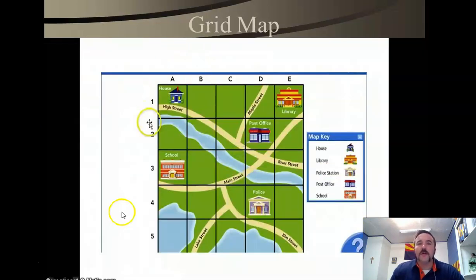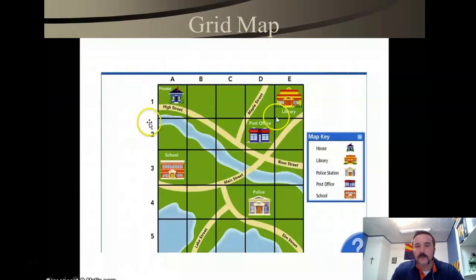Now going on to a grid map. Here again, I'm going to ask you to start with the map key, so you understand, okay, this is the house. I know there are words here, but the map key just helps you understand a little bit more. Some map keys will help you a lot more, some not so much, but you always start there. Now here's a grid map. It's literally a map with a grid placed over the top of it.